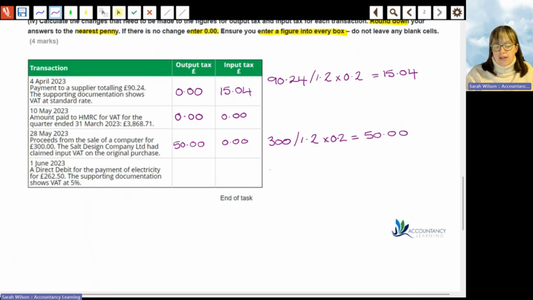So we're going to do the same calculation, except we need to remember that we've got VAT at 5% now. So we're going to divide by 1.05 and then times it by your 5%, which comes out at 12.50. So this will be input VAT and fill in our last box to complete the question.